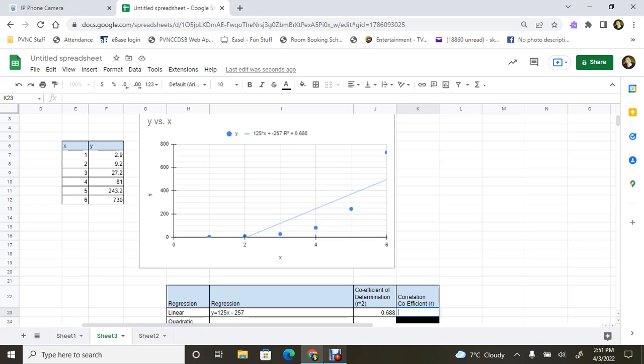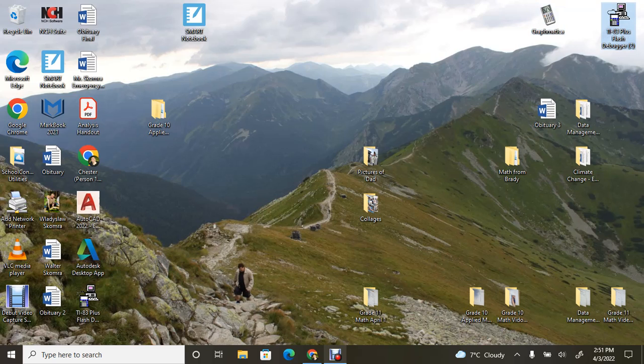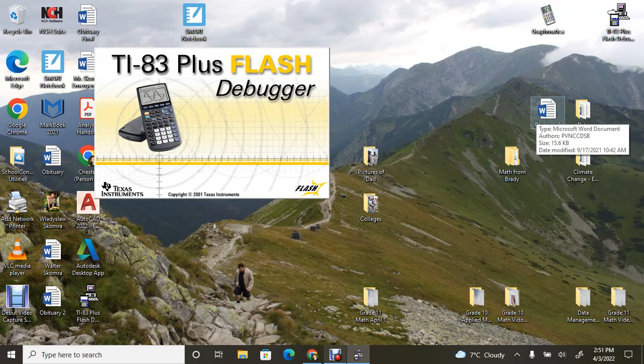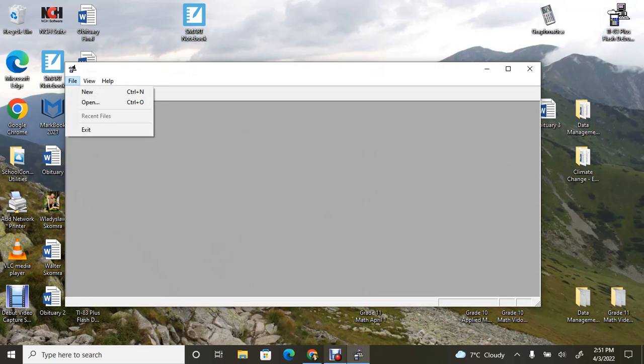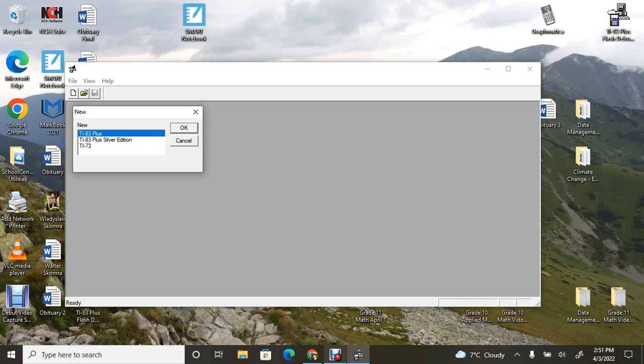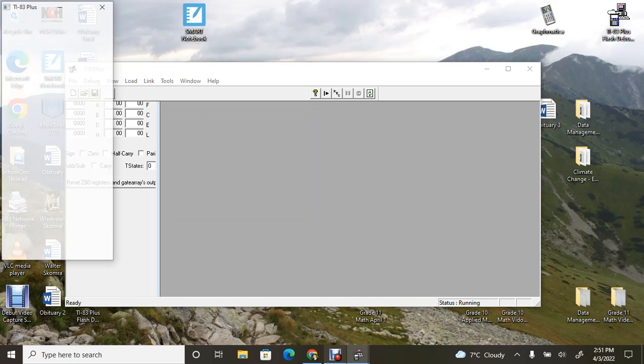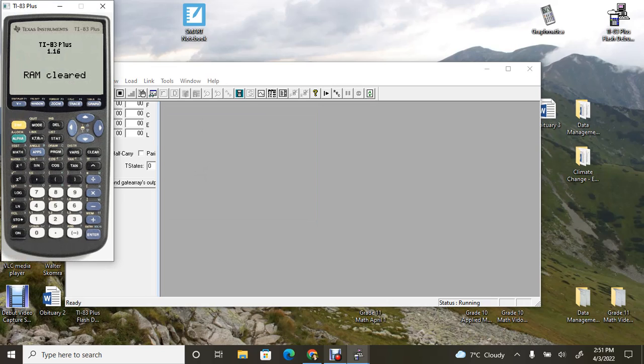Oh, maybe I can pull up a calculator here. So I'll pull up my calculator, and show the square root of 0.688. I'll use the square root key here. So it's 0.829.